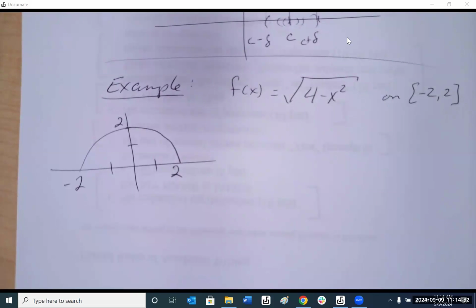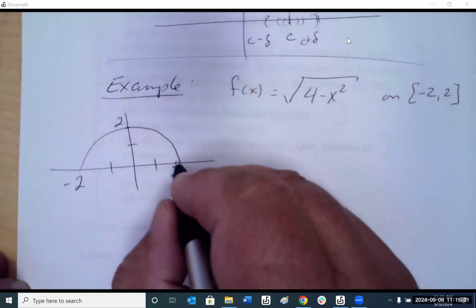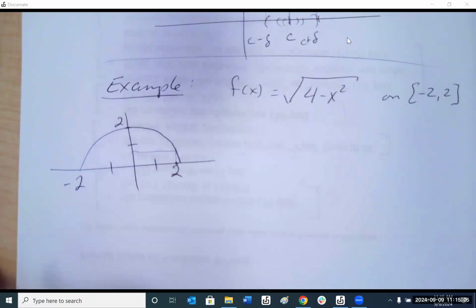Can we find the limit at all interior points? Yeah, because even if it's 1.9, we can find a limit because we can approach it from both sides.